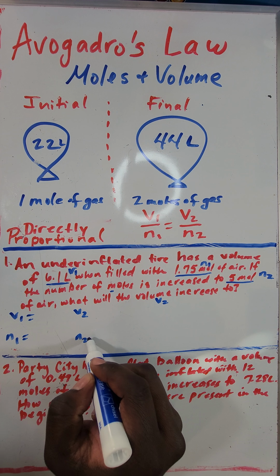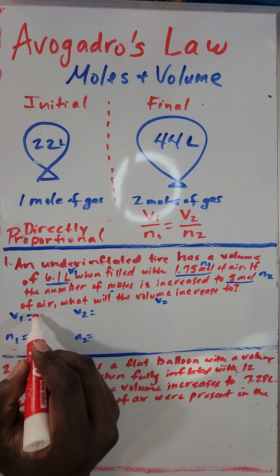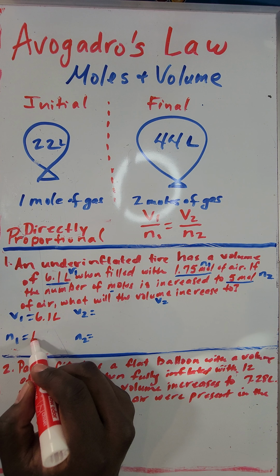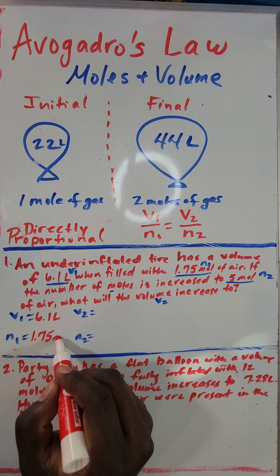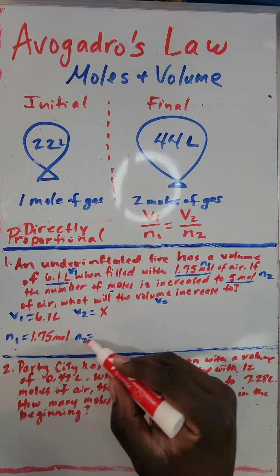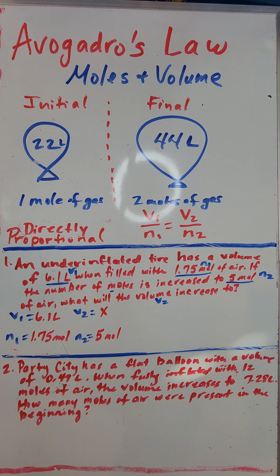Let's go back and pull our numbers. We said V1 here is 6.1. N1 we said is 1.75 moles. V2 is going to be our X, and our N2 is going to be 5 moles. So now we're just going to use our formula again.